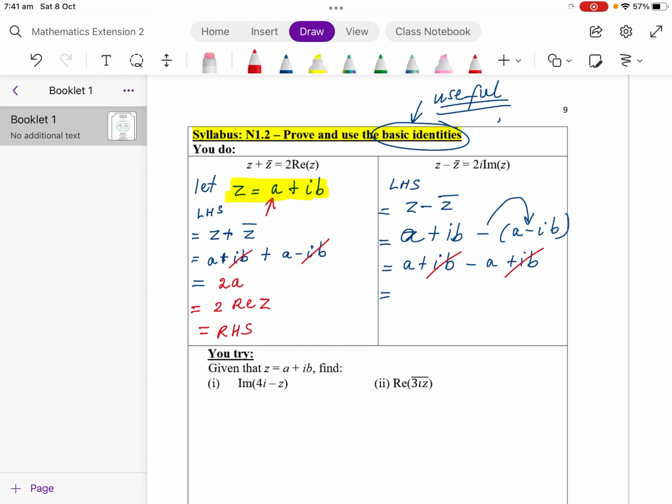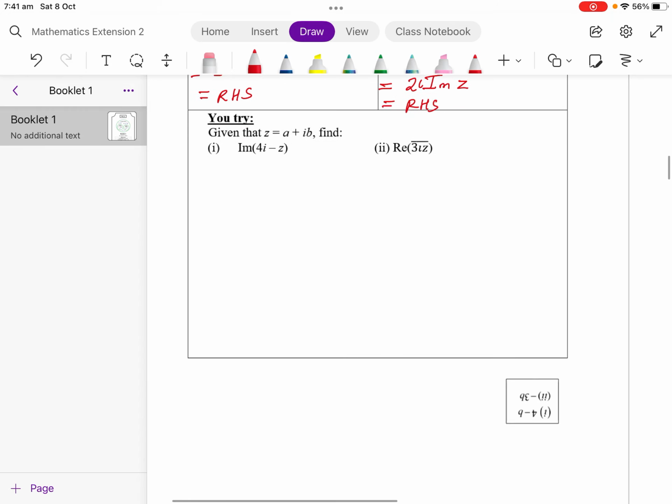Then I can see the imaginary parts cancel. The imaginary parts don't cancel. Let me take that back. I can see that the real parts cancel, and I'm left with 2ib. And don't forget that the 2 and the b, well, that's just 2 lots of the imaginary part of z. So I can write 2 imaginary of z, but don't forget this i. I'll just put that there, which is my right-hand side.